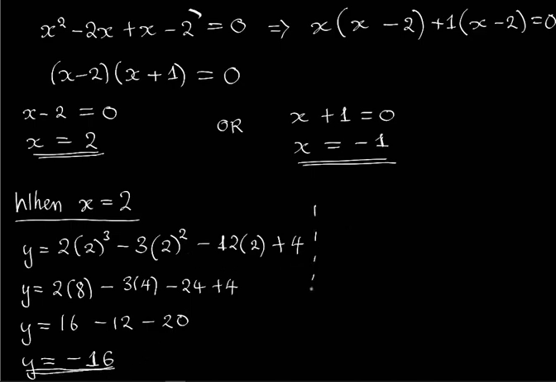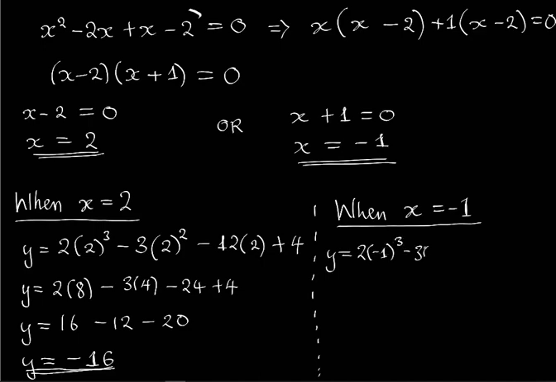Next, we're going to do the same. This time, we're calculating the value of y when x is equal to negative 1. Our function is there, so y is equal to 2 times negative 1 to the power 3 minus 3 times negative 1 to the power 2 minus 12 multiplied by negative 1 plus 4. We can simplify this. y is equal to negative 2 there.